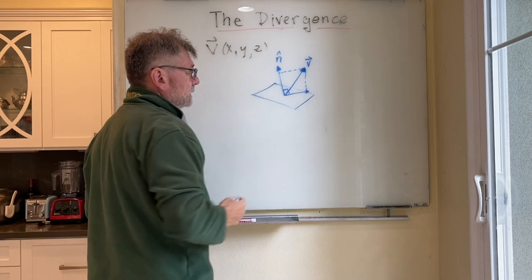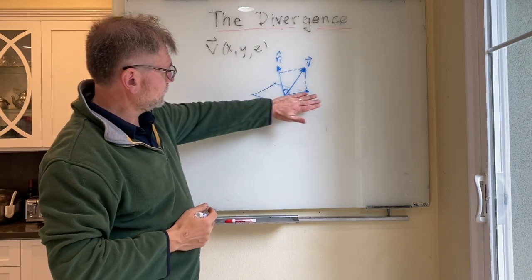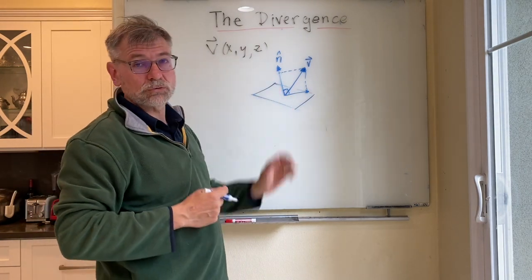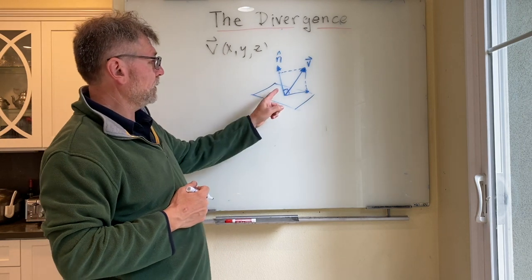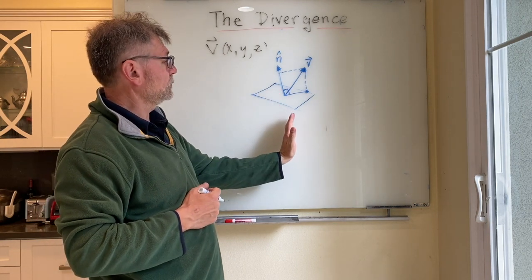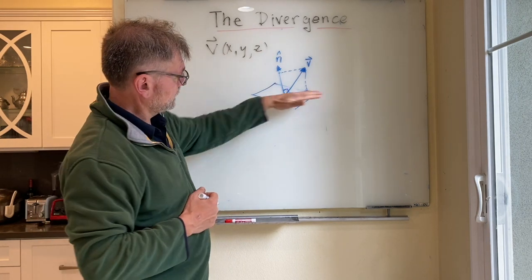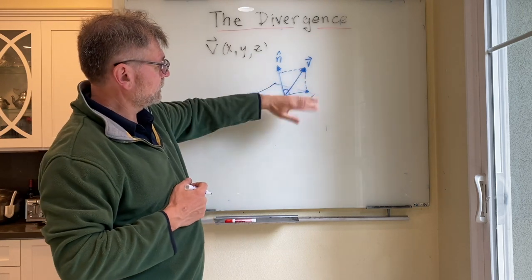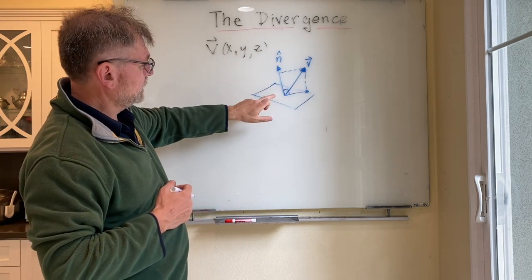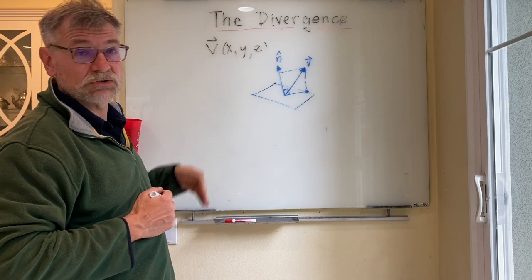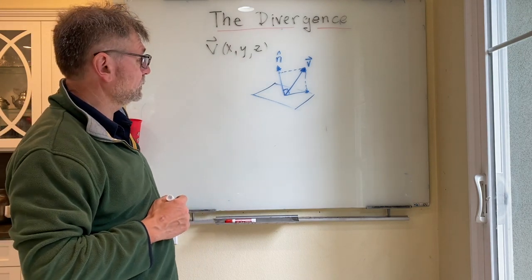In other words, there's part of v that flows along the surface, and there's part of v that flows through the surface. And so the only part we need to know about is the part that flows through the surface. The component of v that's in the plane of the little patch doesn't flow through it, it just flows parallel to it.